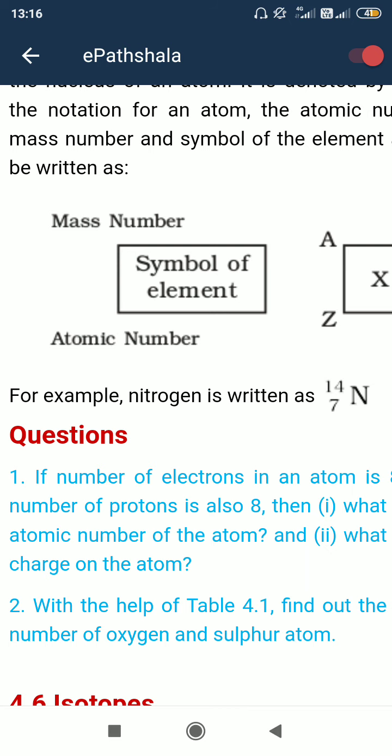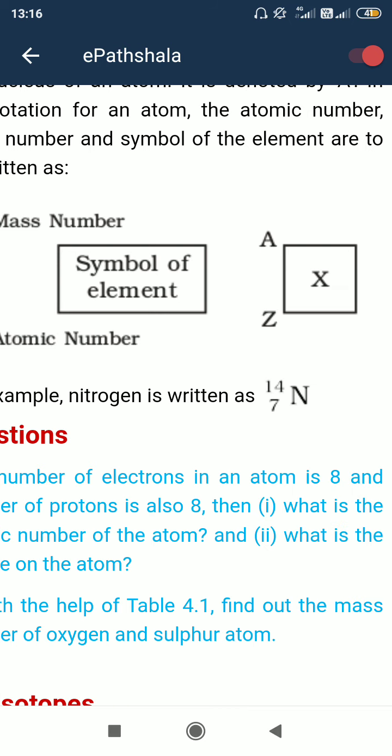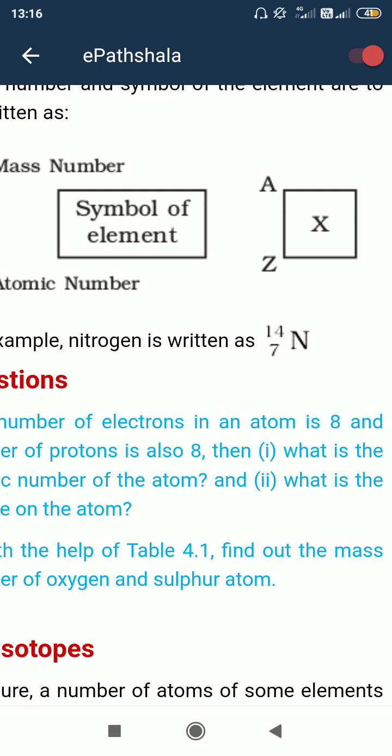So atomic number is always Z, that is in the left side lower corner. Okay, so here 7N14 is written. This means 7 is the atomic number, 14 is the mass number, and N is the symbol of nitrogen.